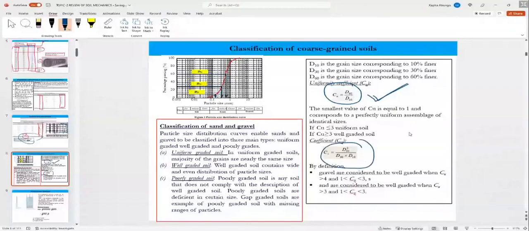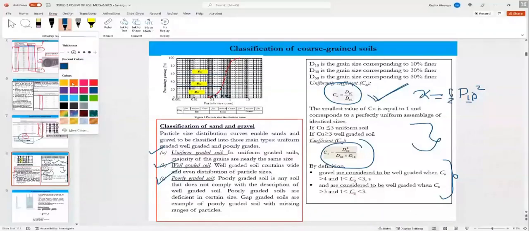Coefficient of curvature is D30 squared over D60 times D10. This coefficient will give you whether the soil is uniformly graded, well graded, or poorly graded. The other parameter that I probably should have put there is K, the coefficient of permeability, which relates D squared by a constant C to the hydraulic conductivity of sandy soil.